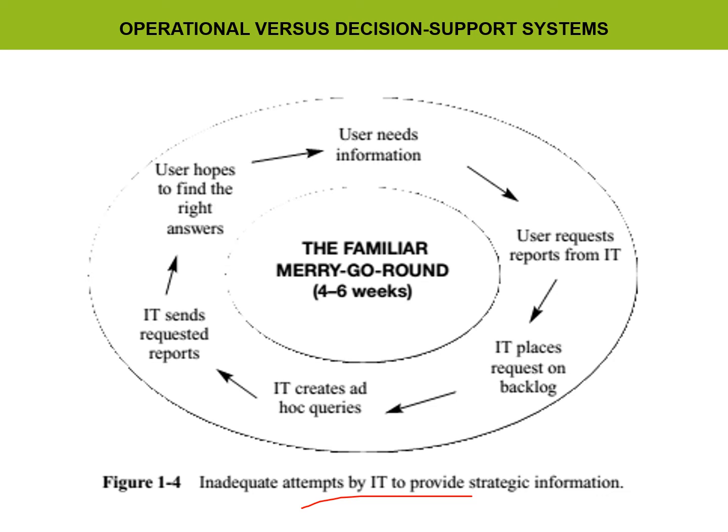This is a familiar merry-go-round that comprises 4 to 6 weeks. The fundamental reason for the inability to provide strategic information is that we have been trying all along to provide strategic information from operational systems. If we follow the life cycle used for operational systems to build a decision support system, we will not be successful.